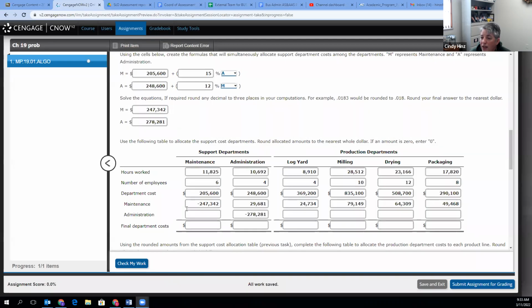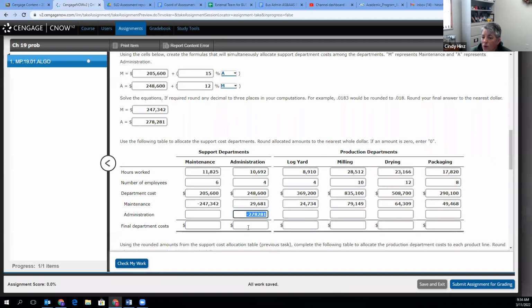Okay, so we finished allocating the maintenance line based on this total all-in cost. That includes the direct department cost plus the allocation that we're going to get from the administration. And that's the next line. So for this next line, we take this dollar amount that's the total for administration, including the direct cost plus the amount that's allocated from the maintenance department.